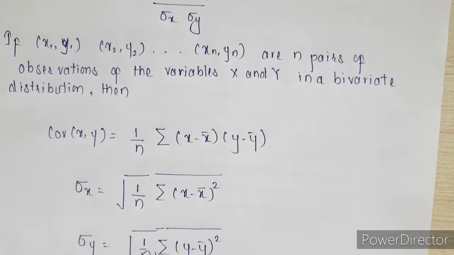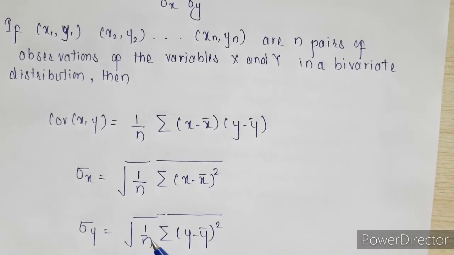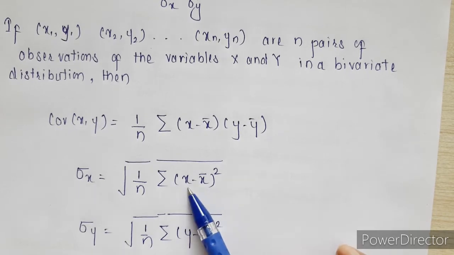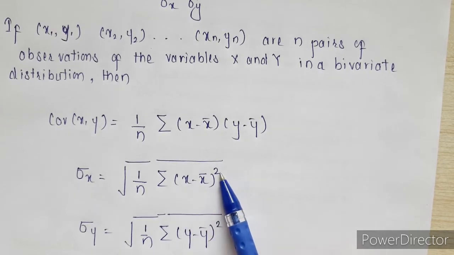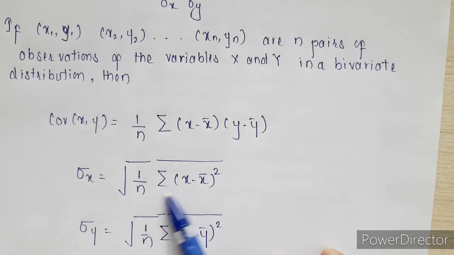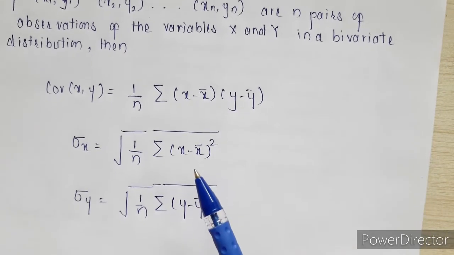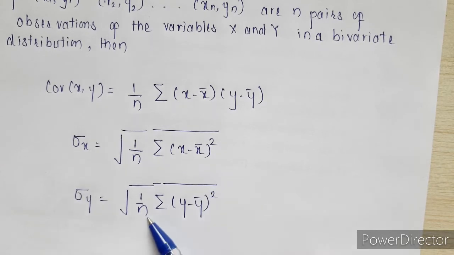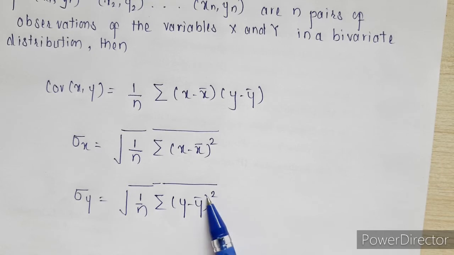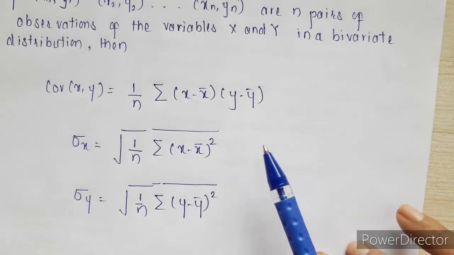Next, standard deviation of x is the square root of 1 upon n summation of (x minus x bar) whole squared, that is, the average of squares of deviations. Again the same for y: square root of 1 upon n summation of (y minus y bar) whole squared.